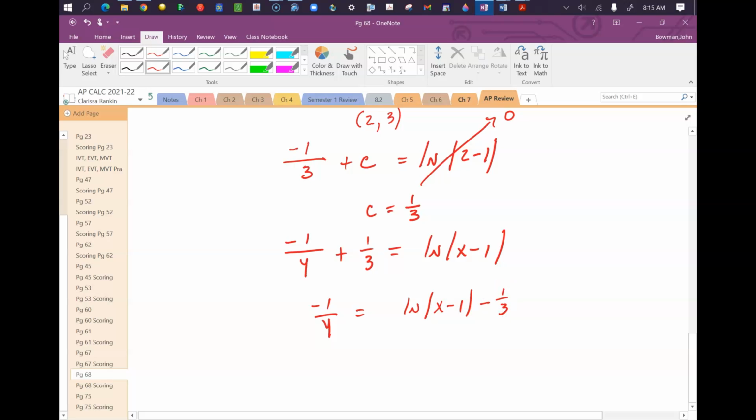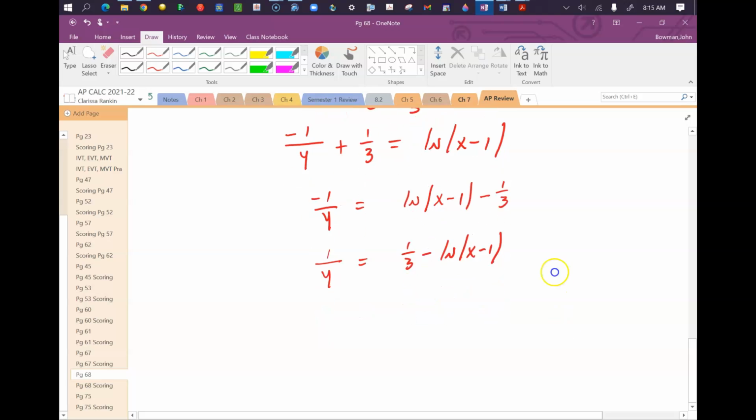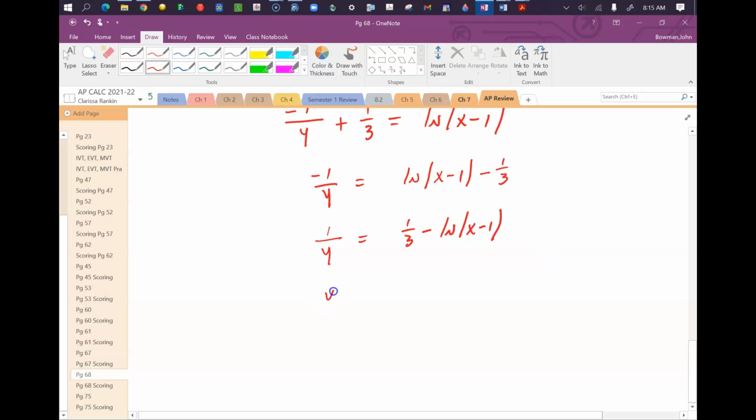And then we could solve this various ways. I would probably multiply both sides by negative 1. So you have 1 over y is equal to 1/3 minus the natural log of the absolute value of x minus 1, and then take the reciprocal of both sides. So y is equal to 1 over 1/3 minus the natural log of the absolute value of x minus 1.